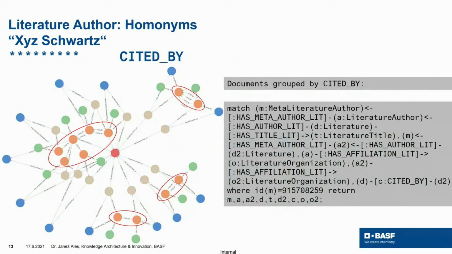So here's an example of a cited by index. Remember, we do have two instances of authors here that have the same name. So that's conditional probability. And if two documents which have the same author name in the author list have cited by relationships in between, there is a very, very high chance that these two instances belong to the same person.